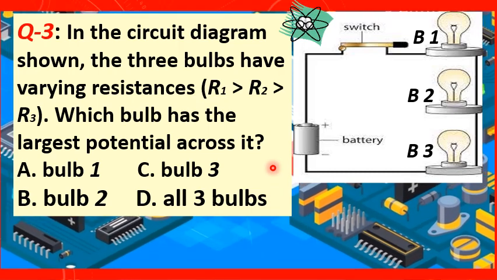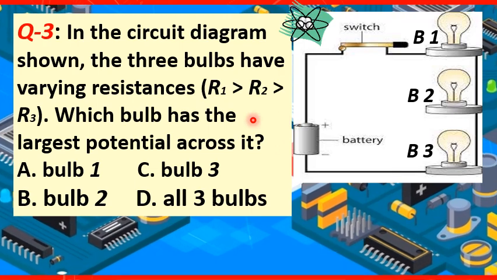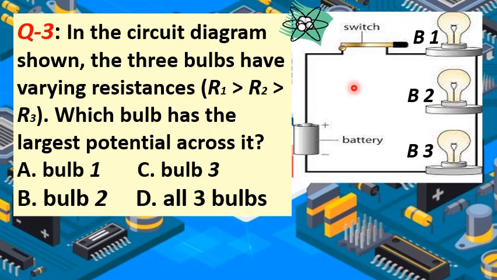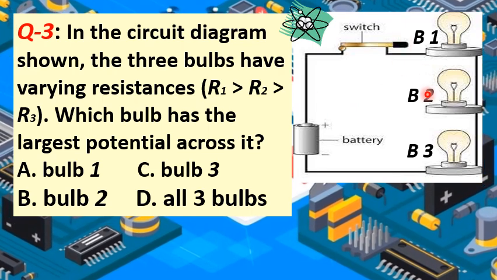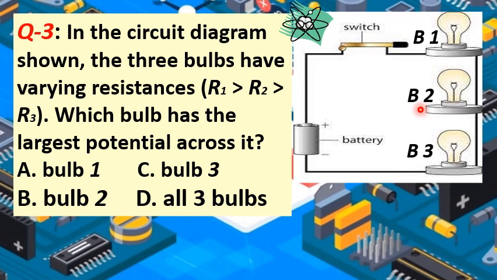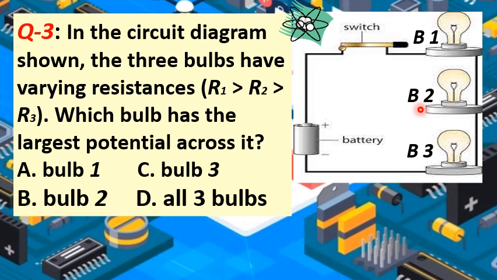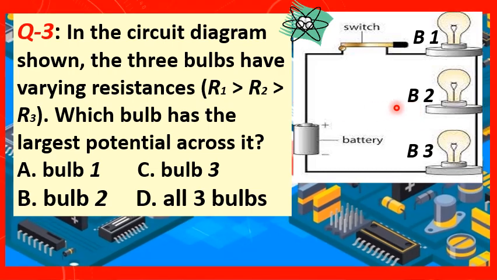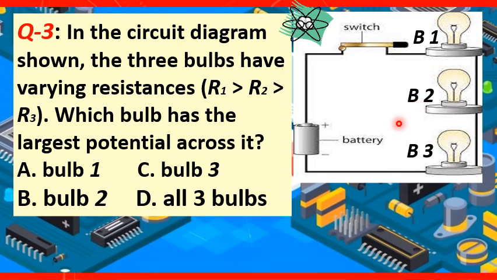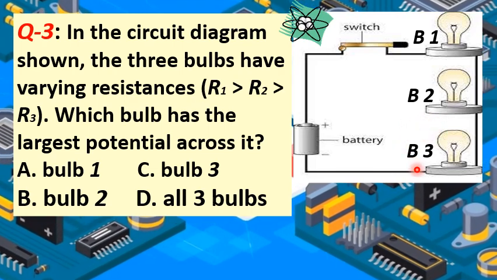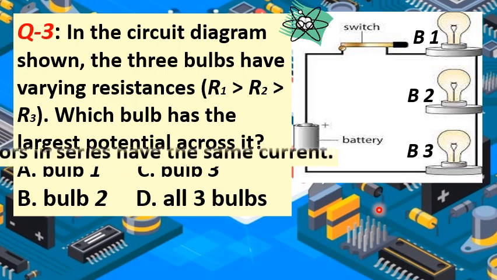All right. So when the resistors are connected in series, such as what is shown in this circuit diagram, the current through each of them is the same or constant, regardless of their varying resistances.